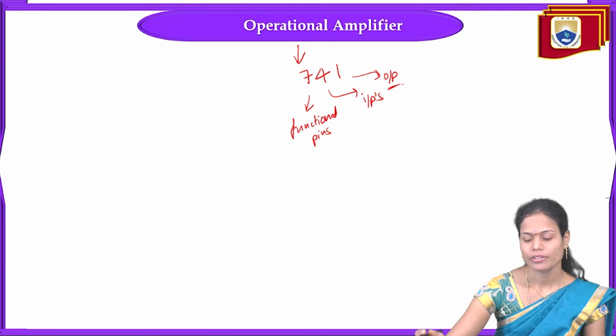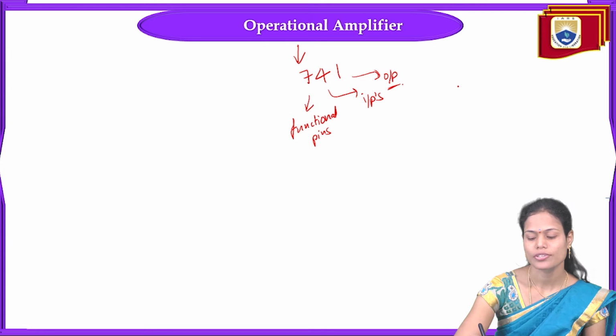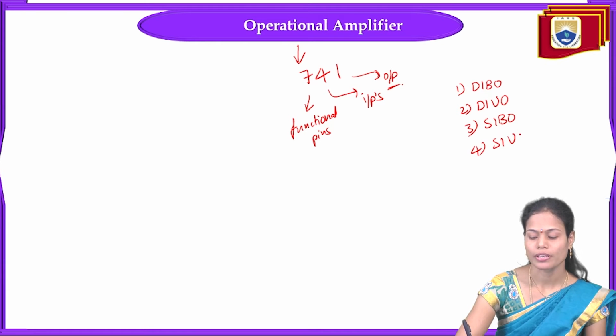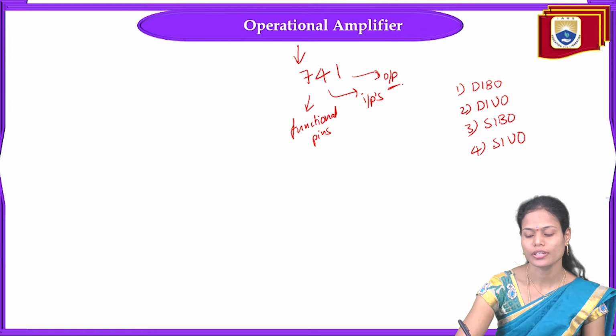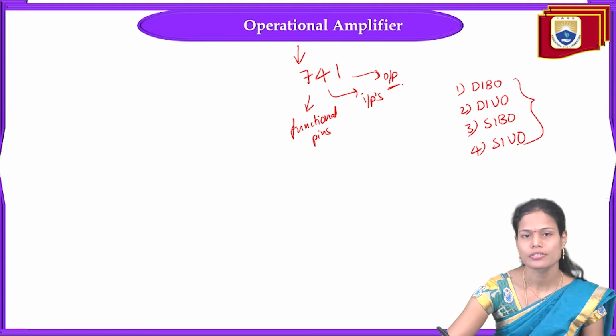The differential amplifiers are available in 4 configurations: dual input balanced output differential amplifier, dual input unbalanced output differential amplifier, single input balanced output differential amplifier, and single input unbalanced output differential amplifier. Among these 4 configurations, some we utilize in the designing of the operational amplifier.